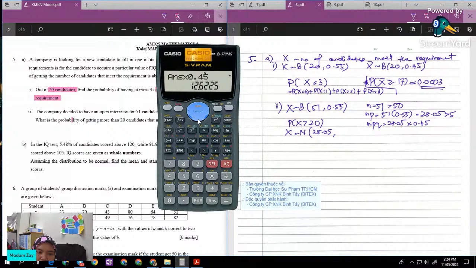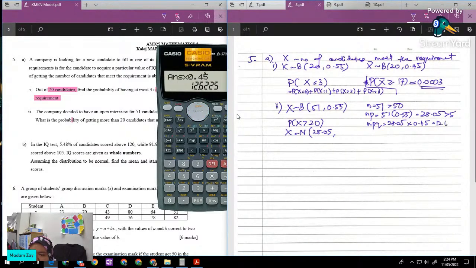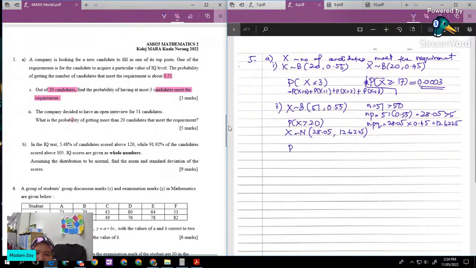So we have 12.6225 as the variance. 12.6225. Okay, to get probability for X getting more than 20, so we have to do the approximation to normal.